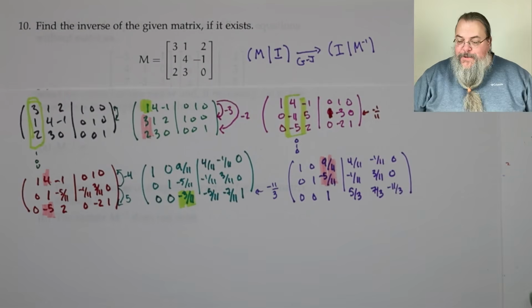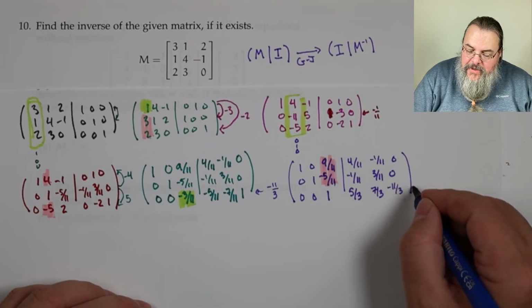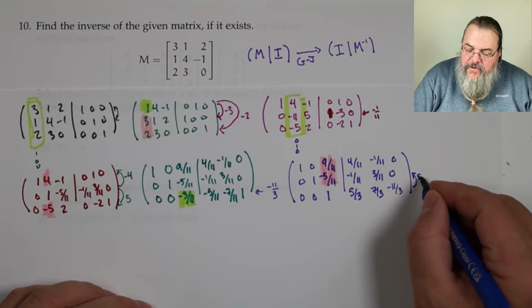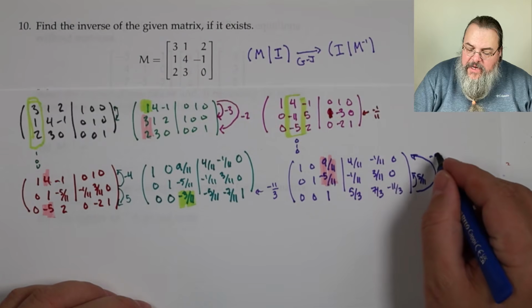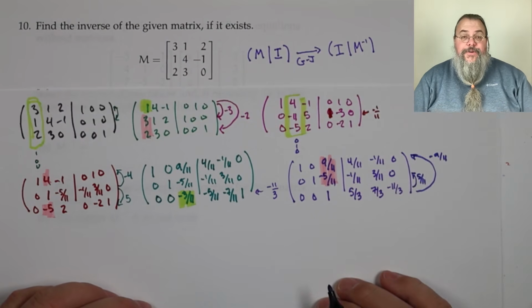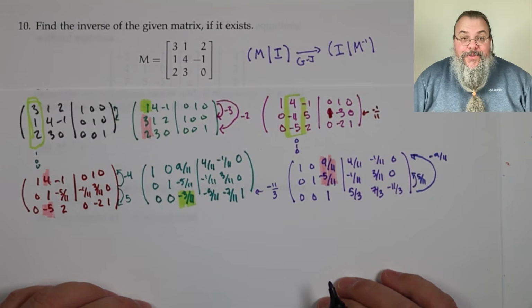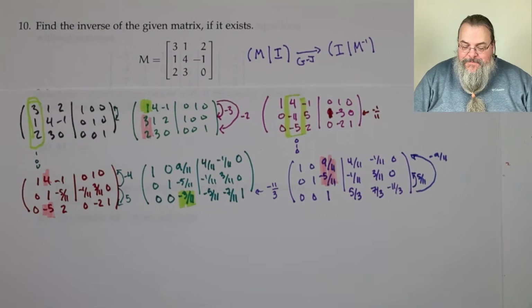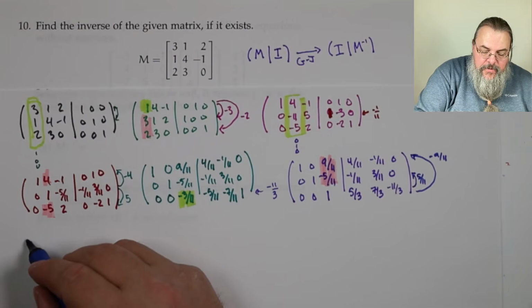We can follow the process through. So we say, okay, we're going to times it by 5 over 11 and add it to the second row. And then we're going to times it by negative 9 over 11 and add it to the third row. And then we're going to be really patient with ourselves while we clean this all up. Okay, so here we go.